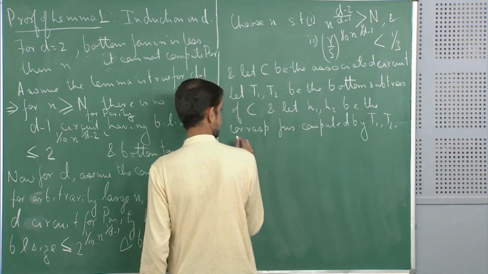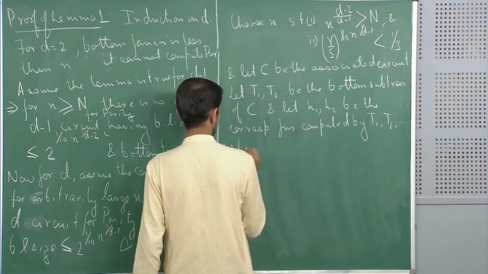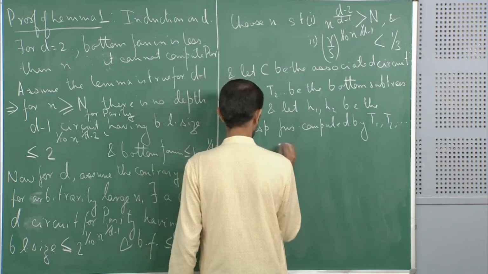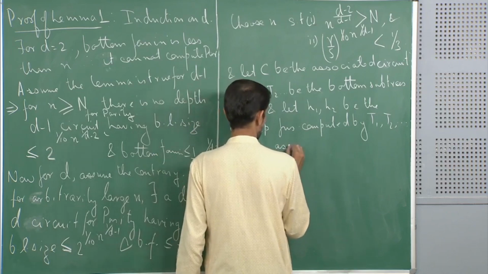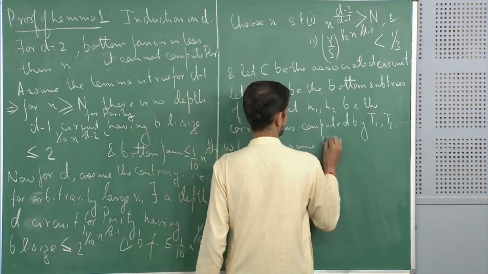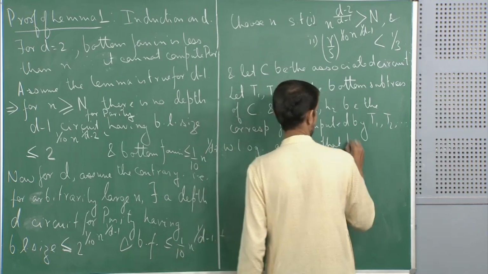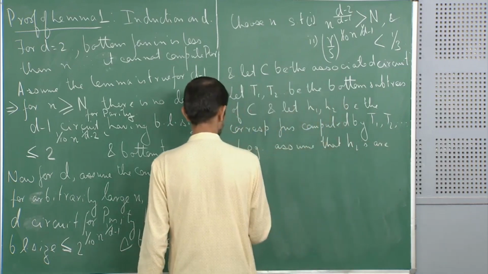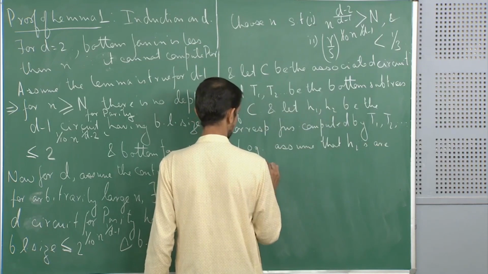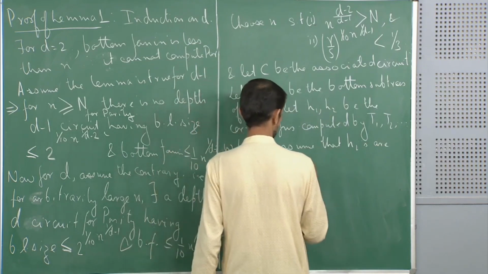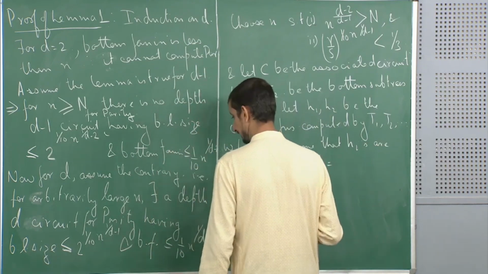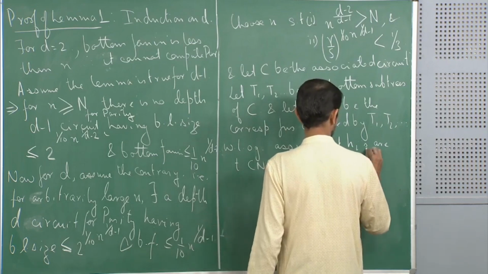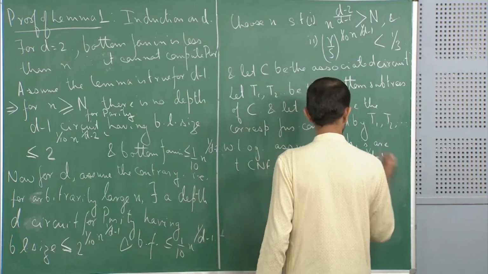Now this is an important point, I will just explain. Without loss of generality, assume that the Hi's are t-CNFs for t equal to this bottom fan-in, which is 1/10 n to the power 1 over D minus 1.